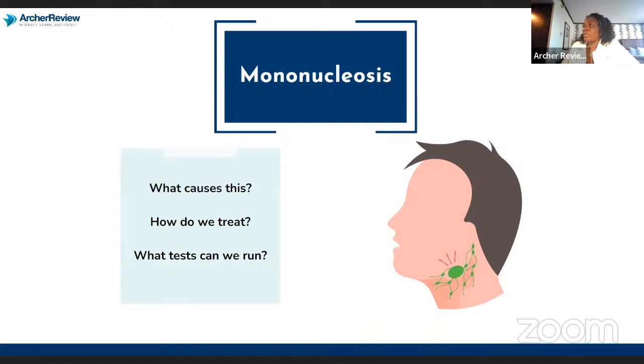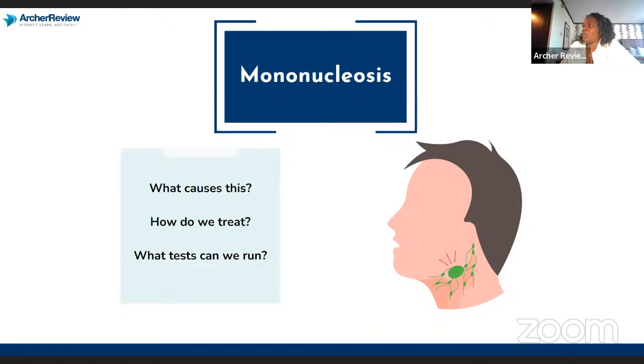And you don't give them antibiotics for this. It has to run its course, because if you do give them an antibiotic, it may cause a rash. So with mono, we treat the symptoms.